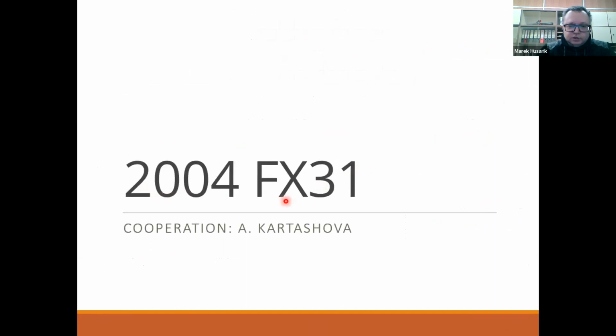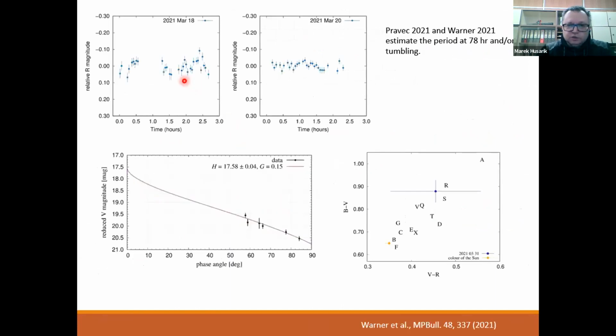Another asteroid was observed also. There are 2 light curves, but there is information from Pravets and Warner that they estimate the rotational period as more than 70 hours, and there is a possibility that this asteroid is tumbling.